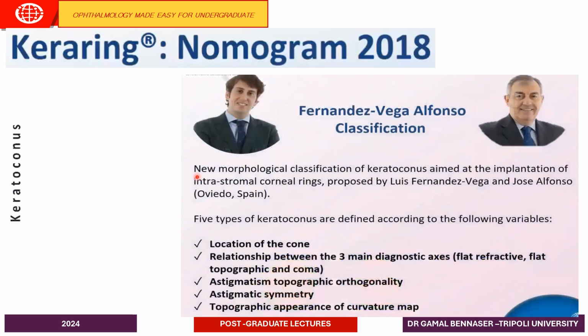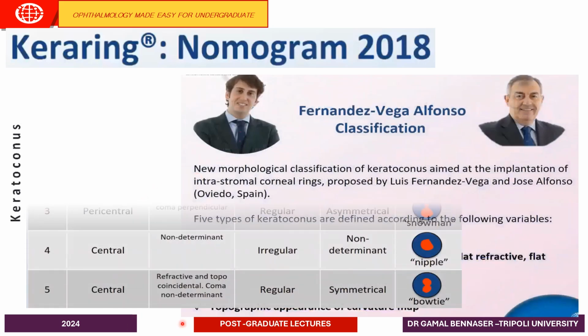What you need is just to log into the website of the manufacturer and upload your topography and pachymetry and everything, and they will determine for you what arc length of the segments you will implant, what type of rings, whether symmetrical or progressive, and also the thickness of your ring. So everything is easy and not difficult.